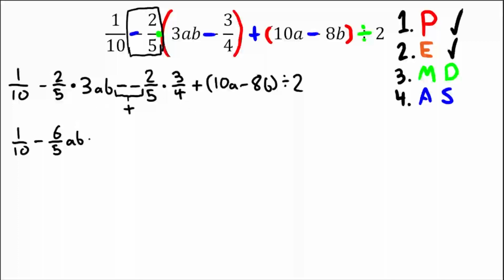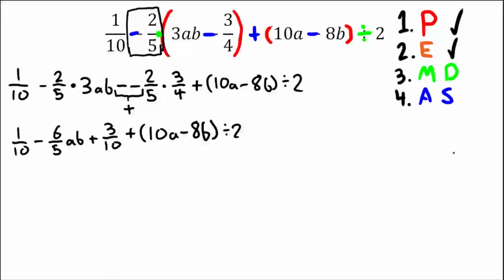It gives, I think, 3/10. And then we have the rest of the expression, 10a minus 8b division 2.